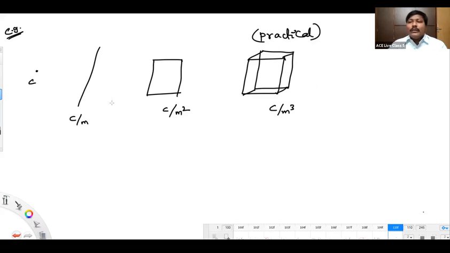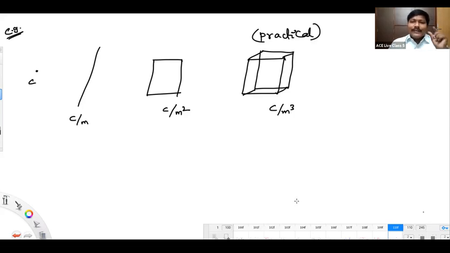Now, our transmission line power conductor has some area of cross section and a long length. Strictly speaking, which charge distribution should I take for the line?